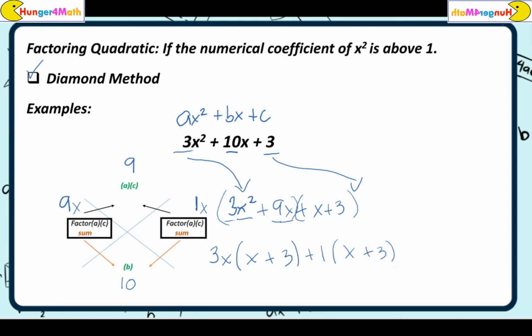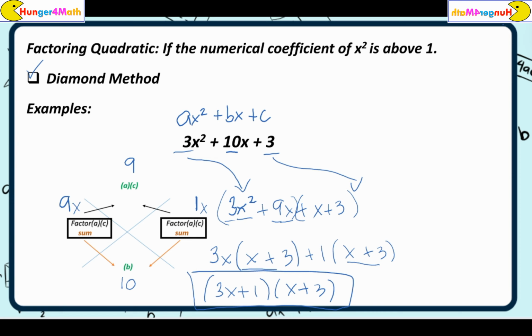You will see you are correct if these two are the same. Now let's continue. Let's put together all the common factor. That will be 3x plus 1, and just copy one of the x plus 3. So this will be our answer.